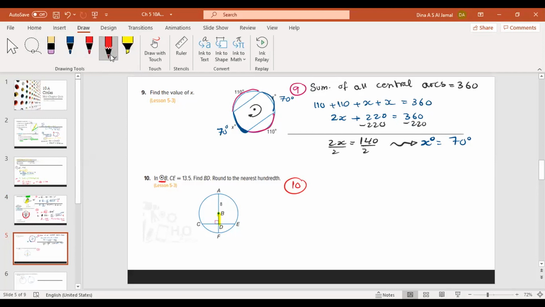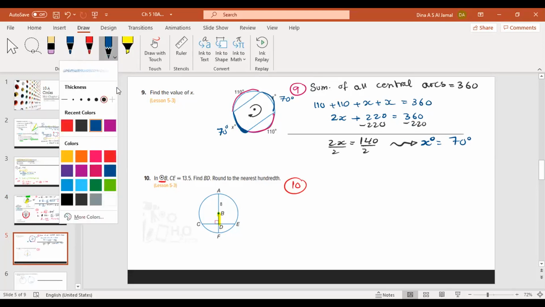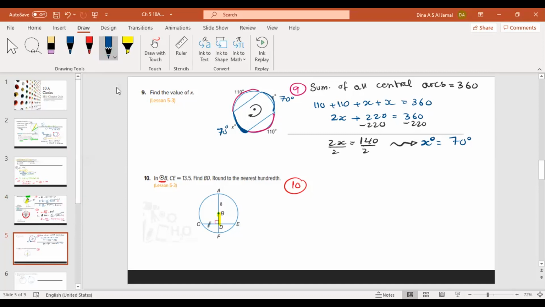So now pay attention with me. Whenever you are having any question like this, you know that you already have your diameter cutting the chord, and this will be your chord or arc bisector. It means it will be cutting it into two congruent sides.